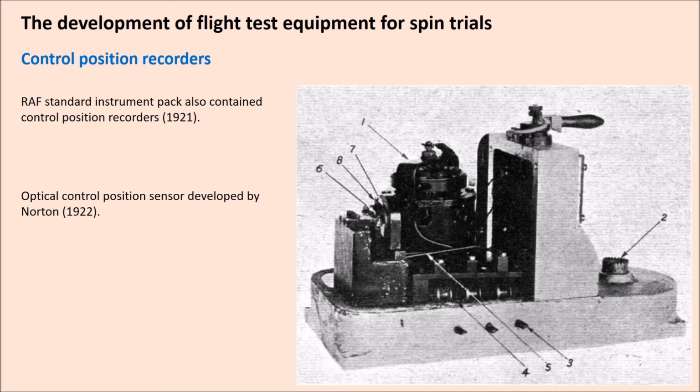The technique was again refined by Norton, again using optical techniques, as he had done with the accelerometers. As you can see, there's a photo of his control position sensor here on the slide. Basically, the motion of the controls was transmitted to the instrument, which you can see a sketch of here, via some cords which wrap around three separate drums, for the three different control surfaces.